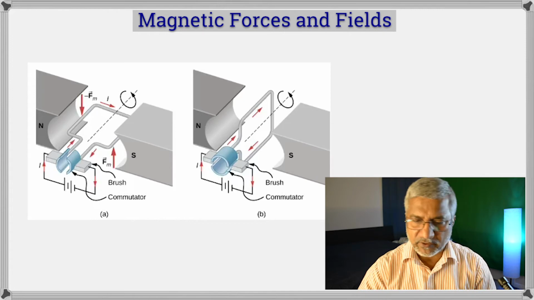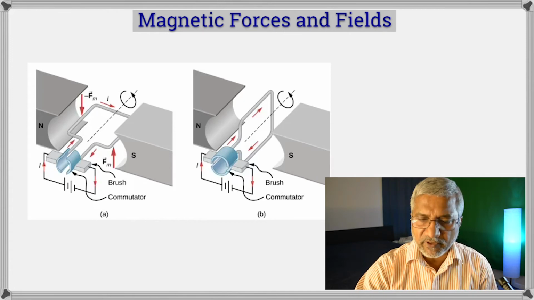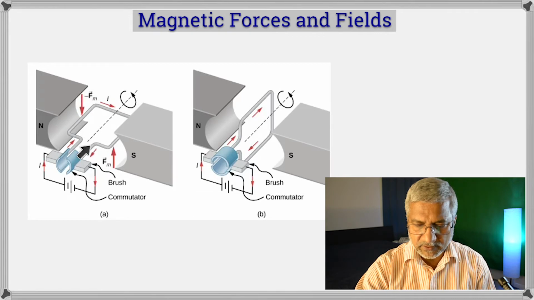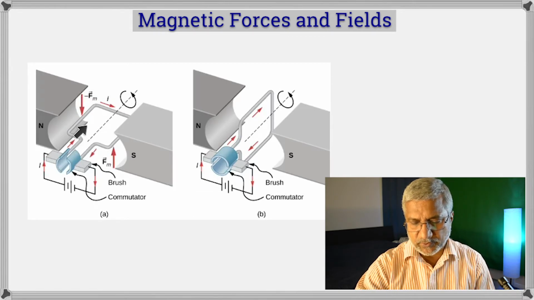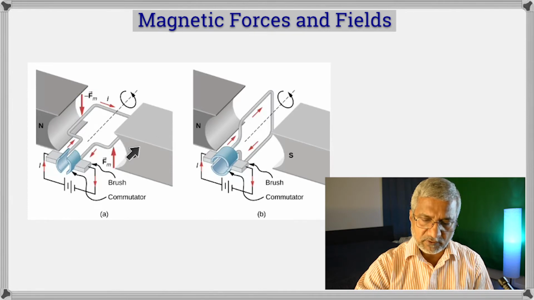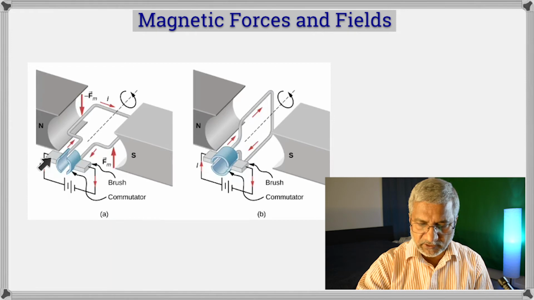Let's get that now. So this is interesting. If you have this rectangular loop situated in the magnetic field, remember, the magnetic field is from north to south. And you see this is DC, so current is coming in, flowing through the loop, and then flowing out through this.